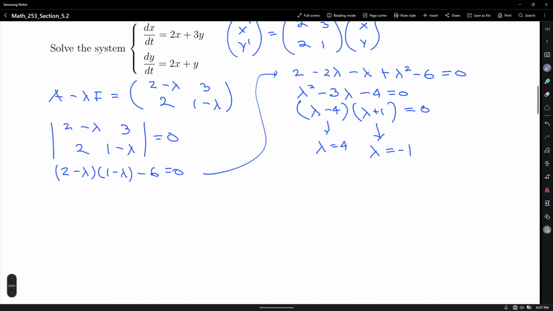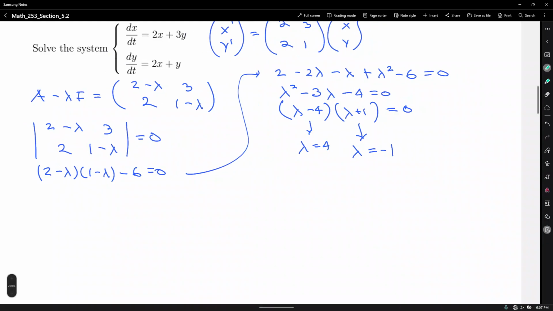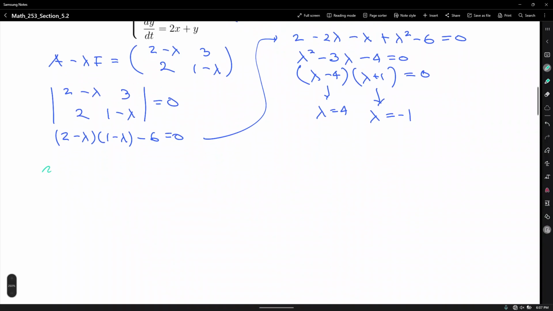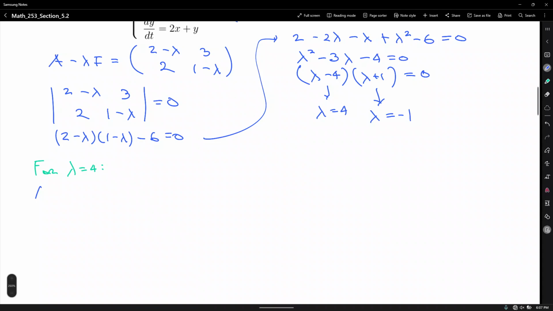All right, let's find the corresponding eigenvectors for these eigenvalues. Let's go for the first one, that is, for lambda equals 4. That is A minus 4 I times, well, when we solve the eigenvalue eigenvector problem we multiply this by some vector v.